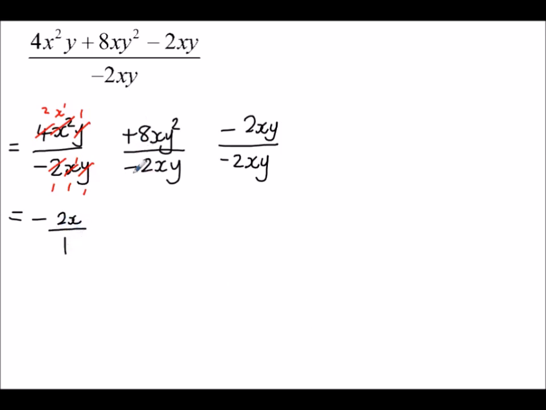A positive divided by a negative is negative. Signs, now I deal with the numbers. 2 goes into 2 once, 2 into 8 goes 4 times. X's cancel each other out. I have more y's in my numerator, so y goes into y once.